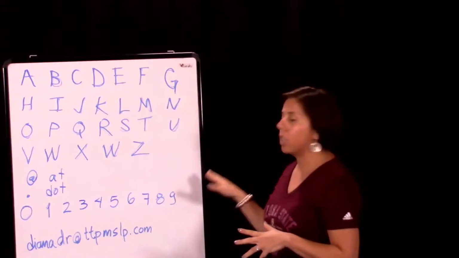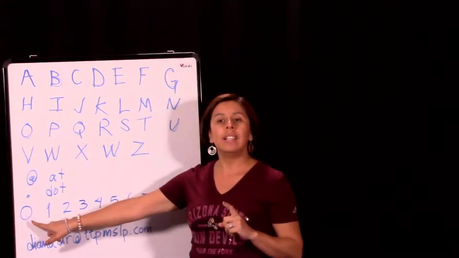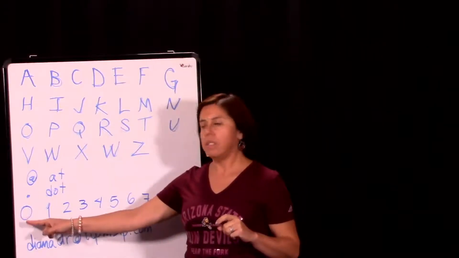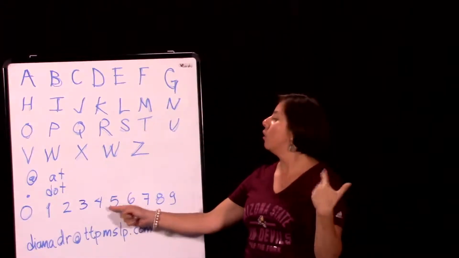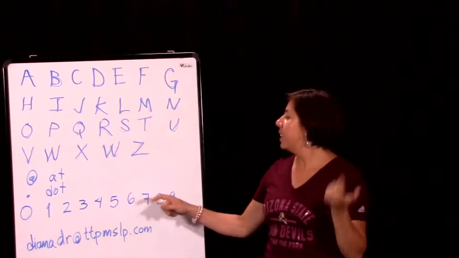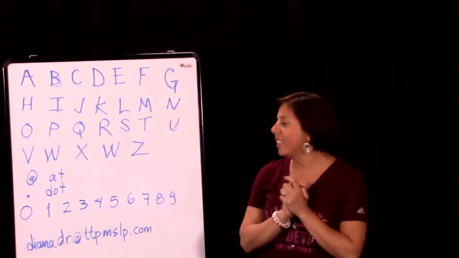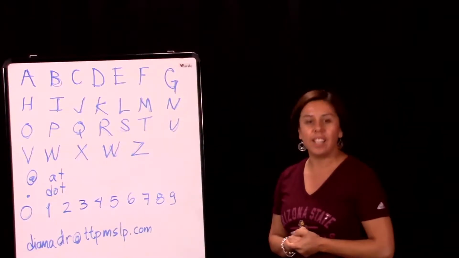Now let's go to the numbers very quickly. O or 0, right? We have two ways to pronounce it. 0, 1, 2, 3, 4, 5, 6, 7, 8, and 9. Very good, guys. I can see that you were studying a lot.